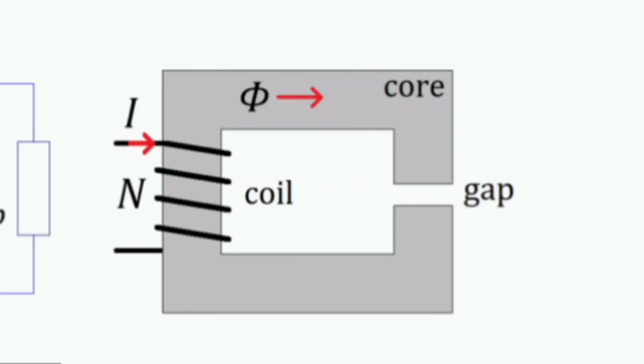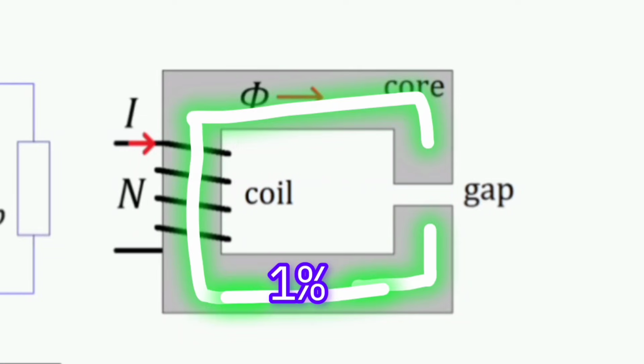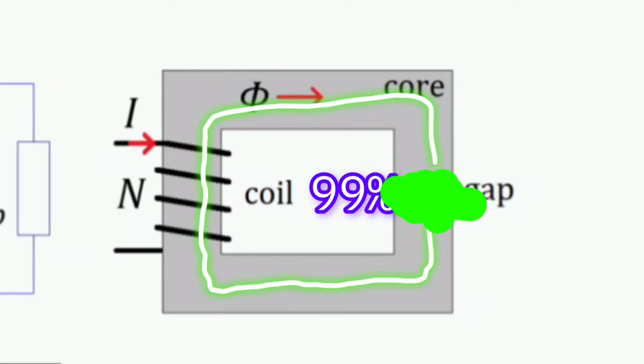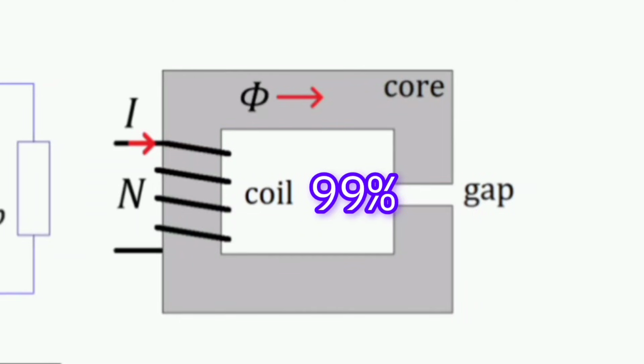Same way, the applied magnetomotive force gets dropped across these reluctances proportionally to the value of these two reluctances. So if you have 1% reluctance for the core and 99% reluctance for this air gap, 99% of the applied magnetomotive force gets dropped across this high reluctance air gap.